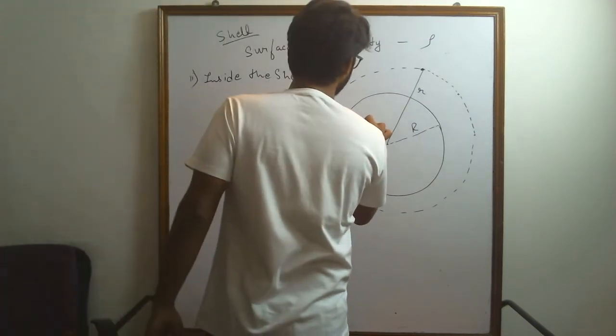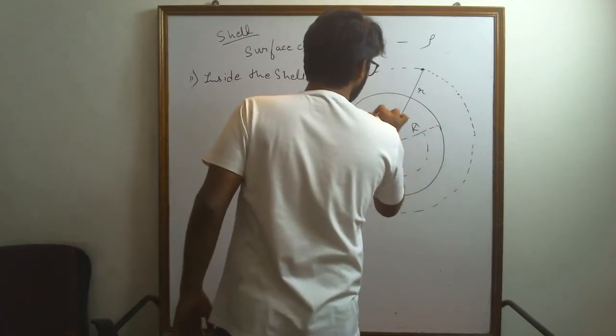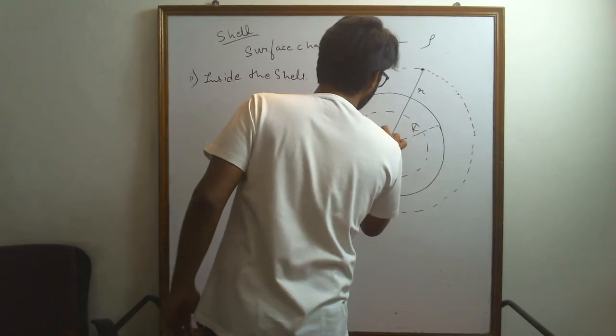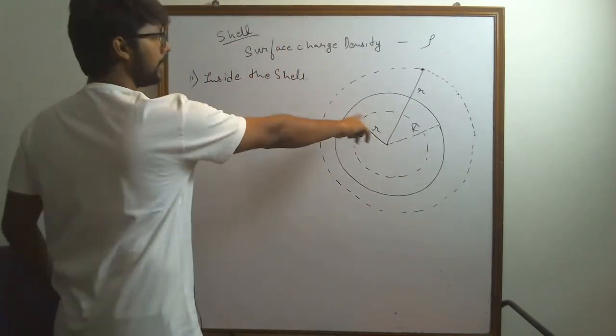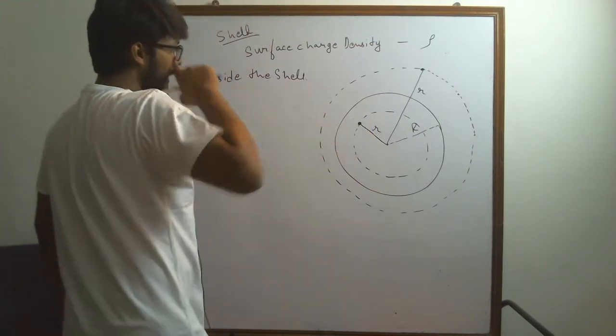Let's say this is the point I want to figure out. I will again make a spherical shape over here. The distance here is also small r. This is inside the shell. Now we are talking about this point inside the shell.